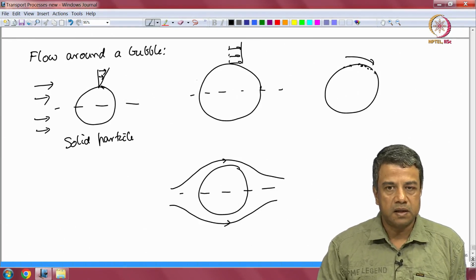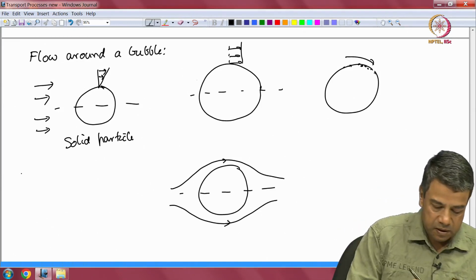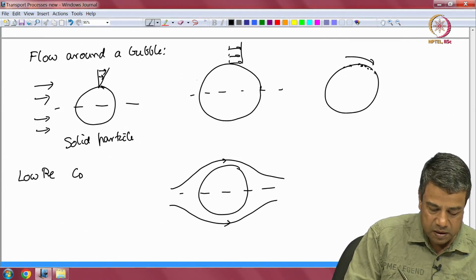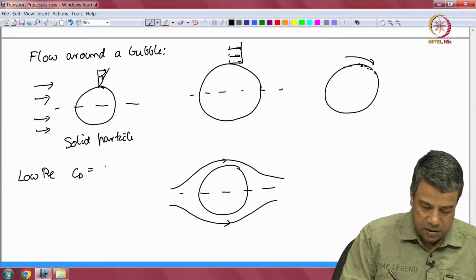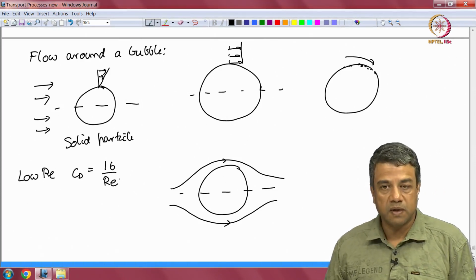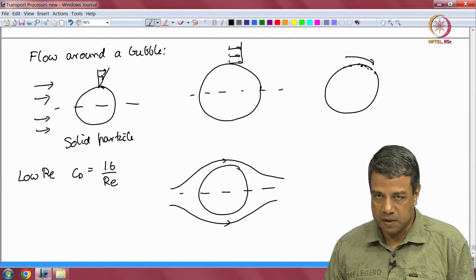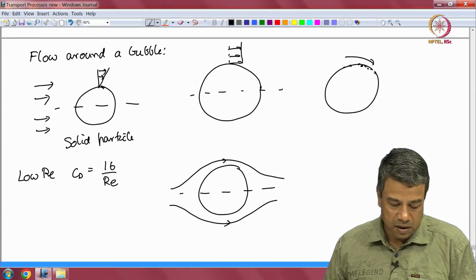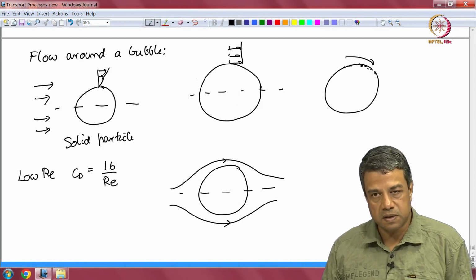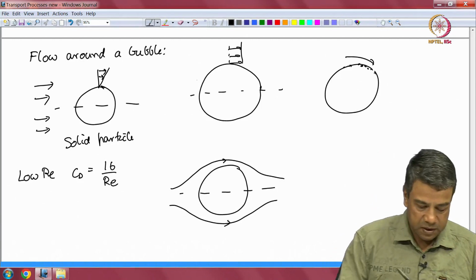And the drag coefficient for the flow past a gas bubble at low Reynolds number, CD is equal to 16 by Re. Note that it was 24 by Re for the flow past a particle at low Reynolds number. In this case, it is less, because the boundary condition on the surface of the bubble is the free slip condition, the 0 shear stress condition.